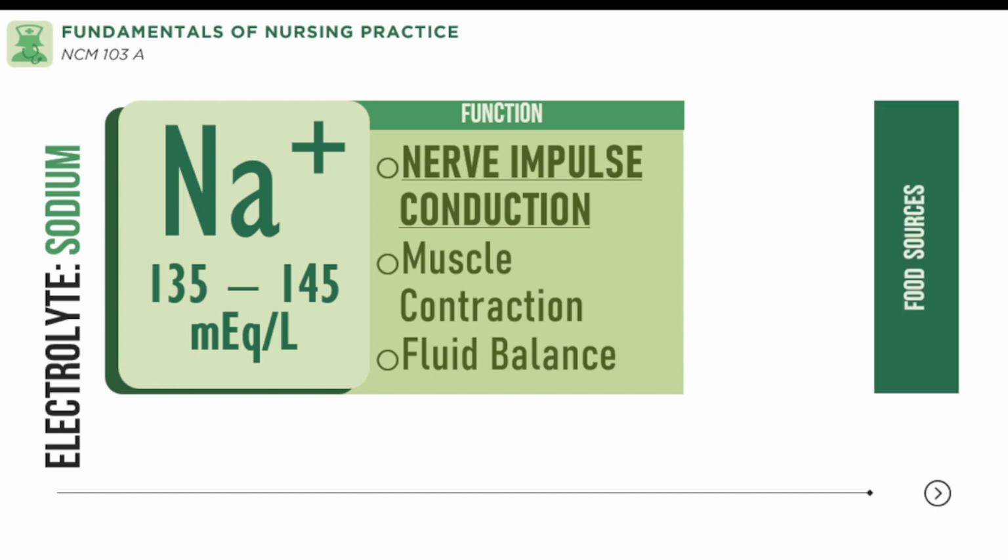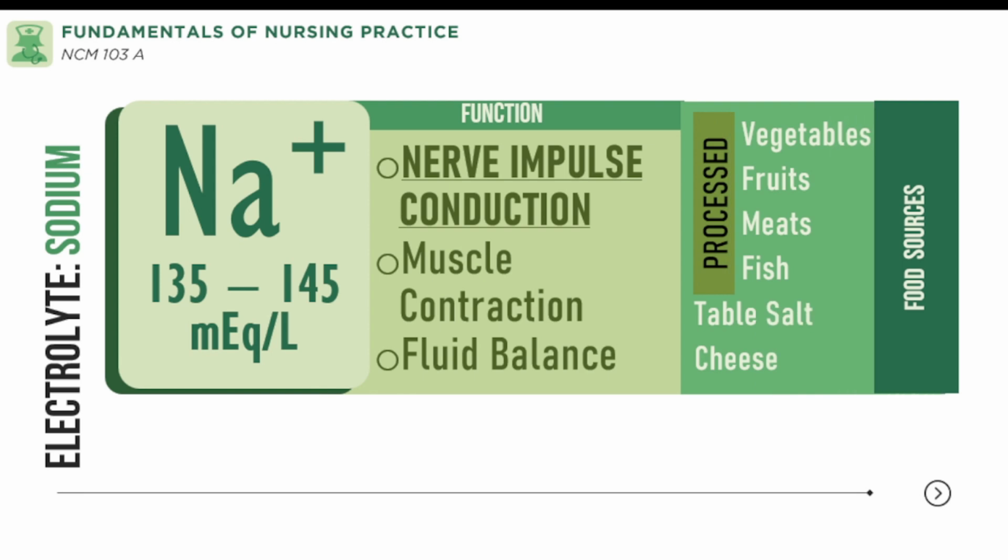Food sources, we have here, of course, table salt or your sodium chloride is the most common dietary source of sodium. It is added to many processed and packed foods as well as used in cooking and for seasoning.